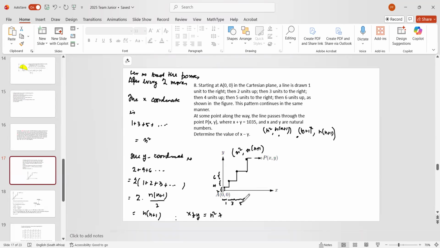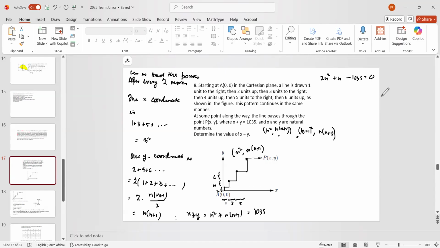We've calculated the y coordinate to be n into n plus 1. And this is given as 1035. All right, now we can actually solve for n here. You got n squared plus n squared, which is 2n squared, plus n. And if you take the 1035 to the other side, you get 0.